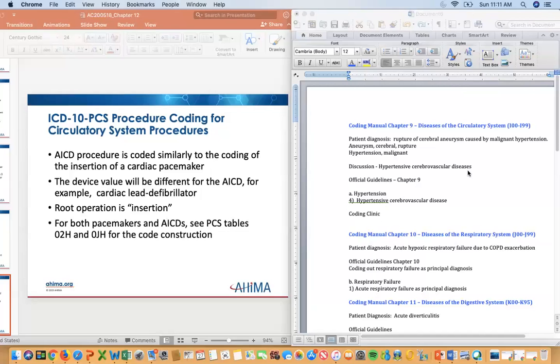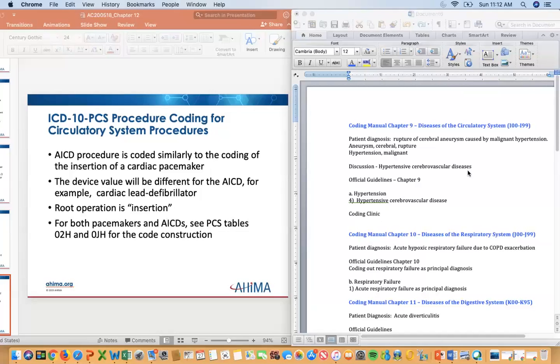As a coder, it's your responsibility to know if there are guidelines that will help you code out hypertension or cerebrovascular accident, etc. So take your finger and go through your guidelines, and you see hypertension starts with A. Then we have 1, hypertension with heart disease. 2, hypertension with chronic kidney disease. 3, hypertensive heart and chronic kidney disease. I am right before chapter 9 in the official guidelines.